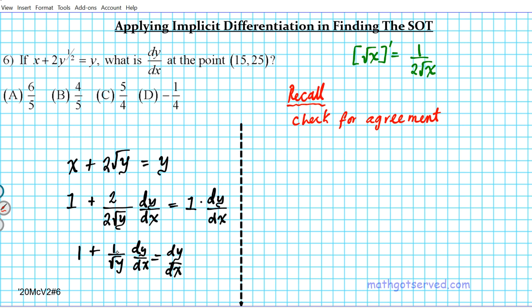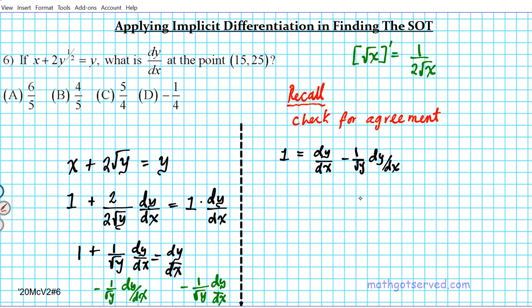So this term, 1 over root y dy dx, we're going to move it to the right side. Picture subtracting 1 over root y dy dx from both sides of the equation like you normally do in Algebra 1 and 2. If you do that, you're going to end up with 1 equals dy dx minus 1 over root y dy dx.